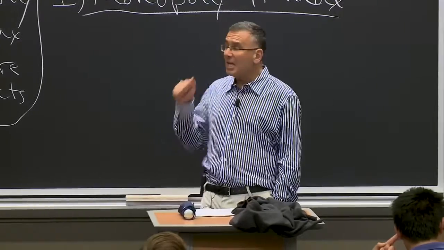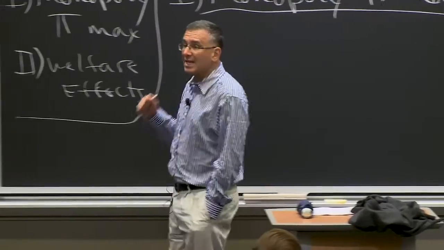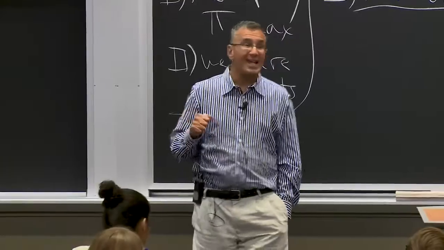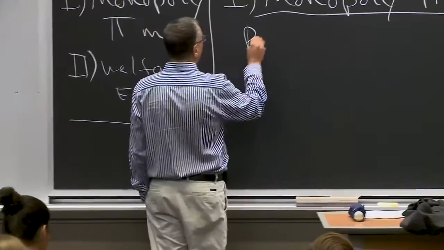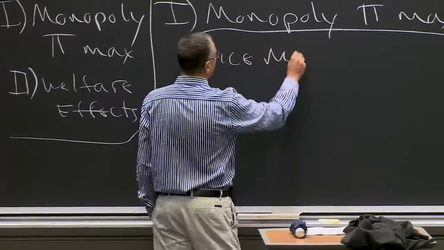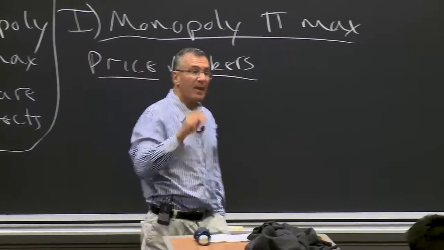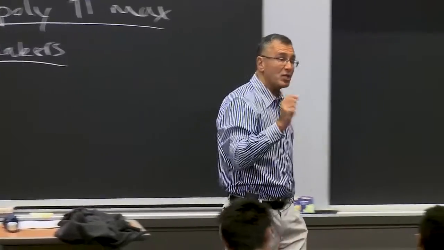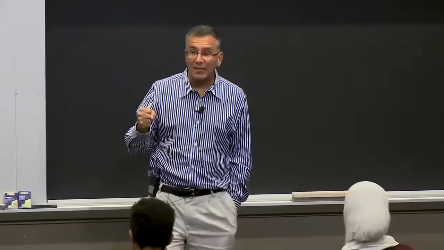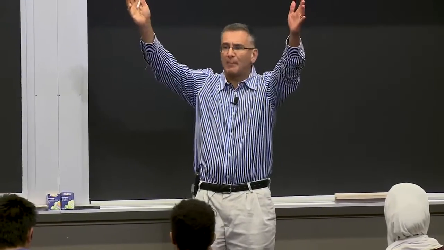Now, the key difference from what we've done so far is that firms are going to be price makers, not price takers. That's the key change from the perfectly competitive situation. In perfect competition, from any given firm's perspective, the price is given to them by the market.